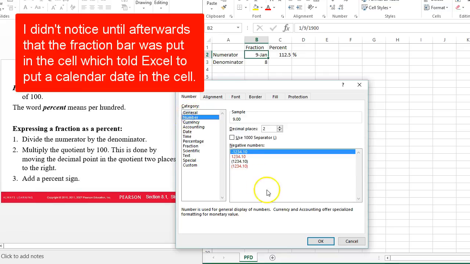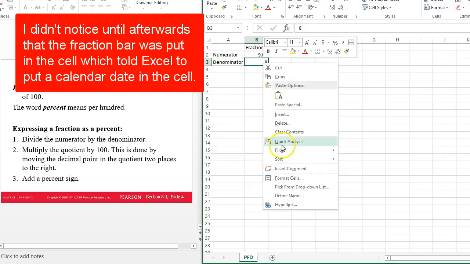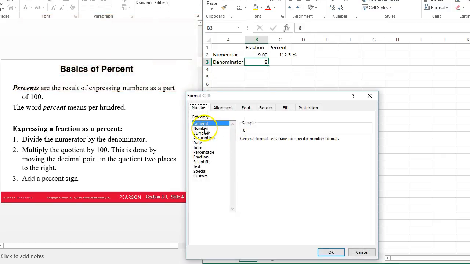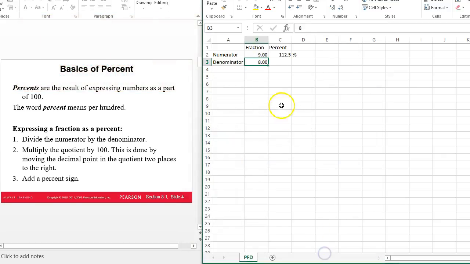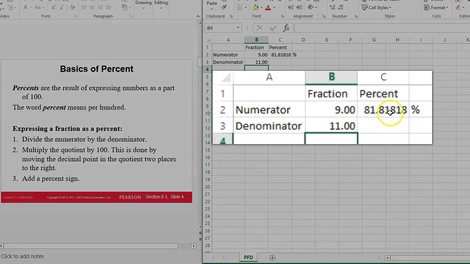I need to tell it this is a number. Okay. Right click this, format, it's a number. Alright, now it says it's 112.5%. If I change that to like 11, notice it changed it to a percent and it's rounded it.